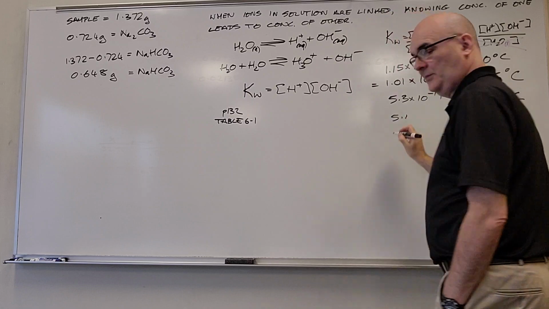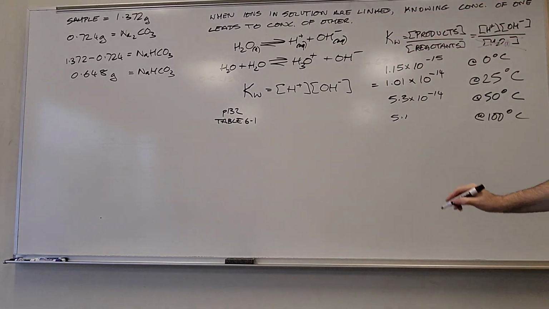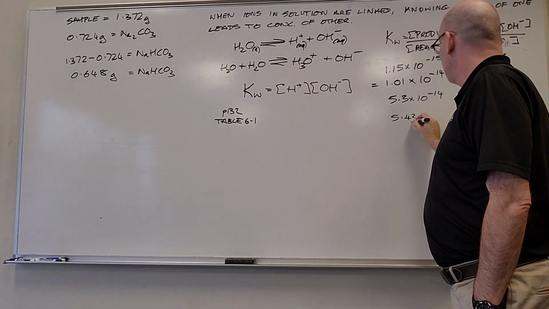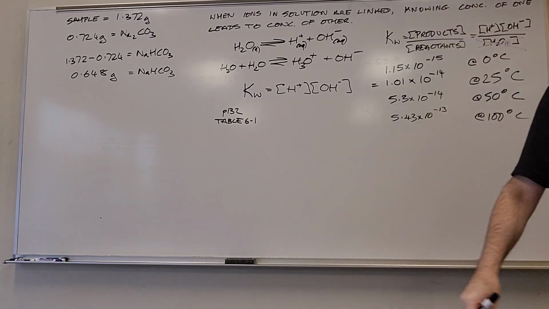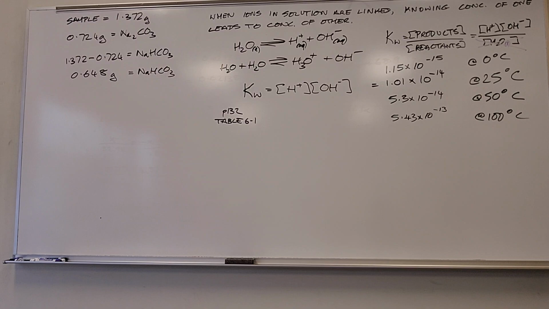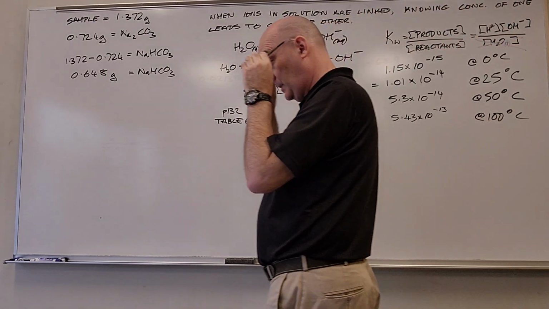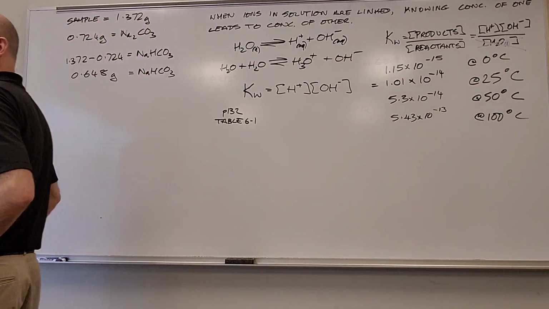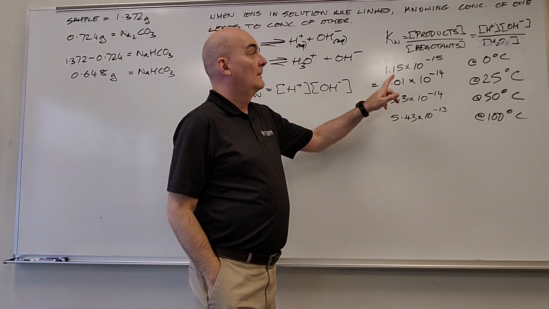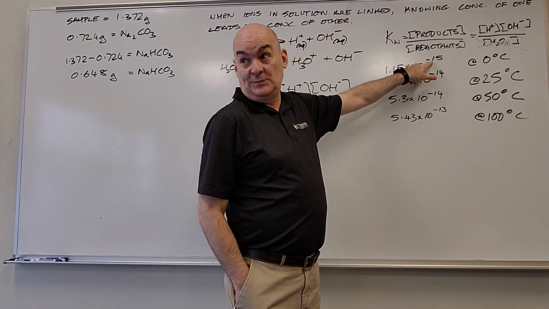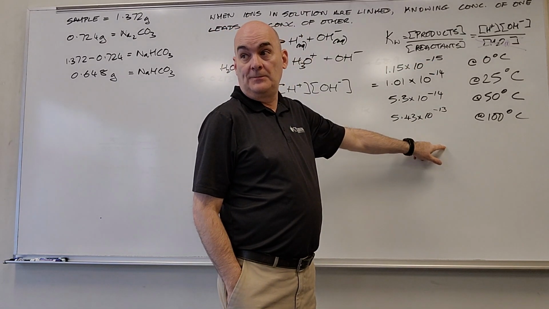And 5.43 times 10 to the negative 30. Tell me about those numbers. As you decrease the temperature, you decrease the dissociation of it, but as you increase it, that number is smaller than this number.